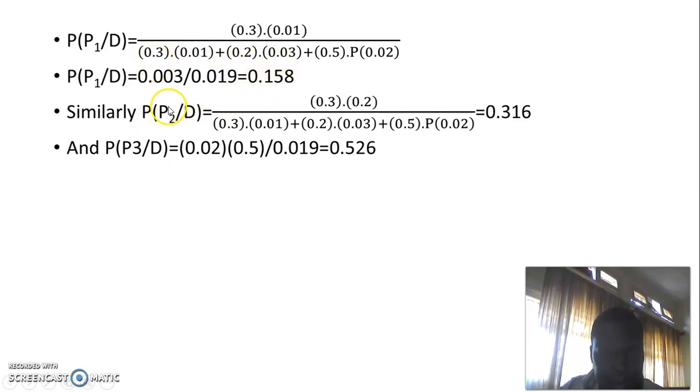Similarly, applying the same concept, the probability of P2 given that it is defective is 0.316, and the probability of P3 given that it is defective is 0.526.